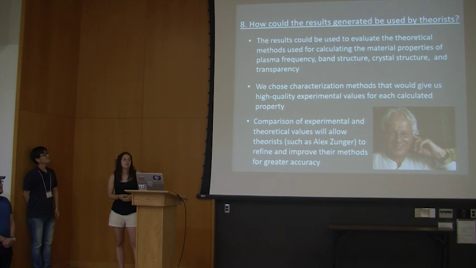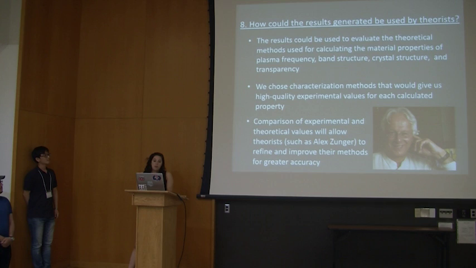And finally, how could the results we generate be used by theorists? Because we had chosen characterization methods which specifically matched the theoretical properties that had been calculated, and we chose high quality experimental methods to do that, we'd be able to compare to the theory and help them evaluate their methods, see how accurate the theoretical methods they used were, and then hopefully refine those methods so that they can be more closely matched to the experiment and then further used to evaluate other materials which haven't been made yet, producing accurate theoretical properties.